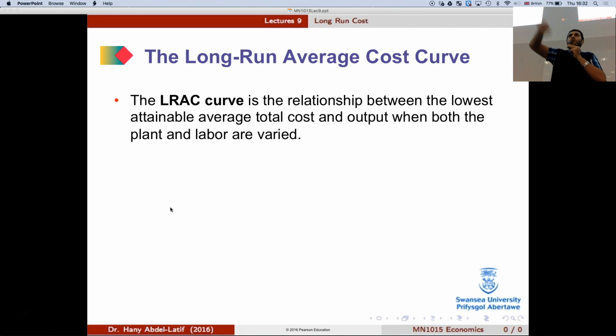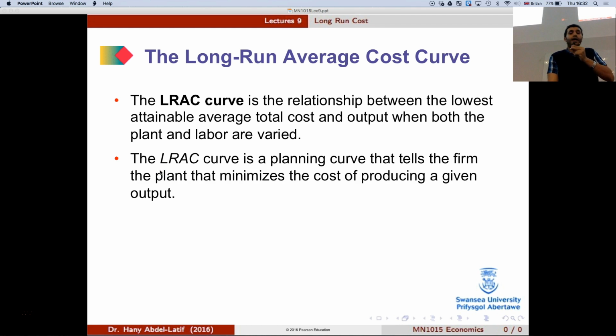and output. You see, we are looking at the average total cost curve, so we're looking at the minimum, or the lowest point, when both plant and labor, so capital and labor, are variable. So you can change everything. And also you can use this as a planning curve that tells you how to minimize the cost of producing a given output.